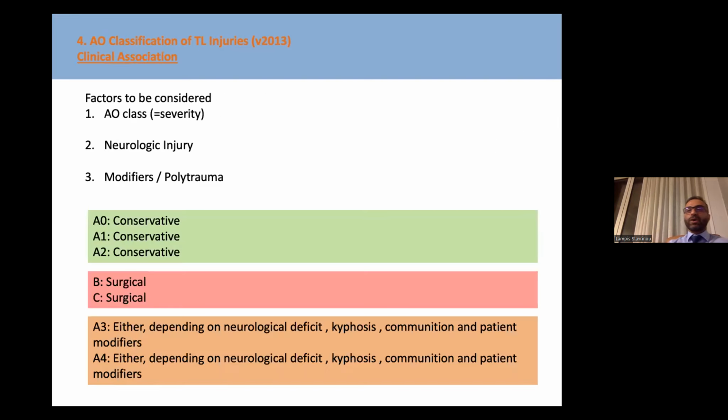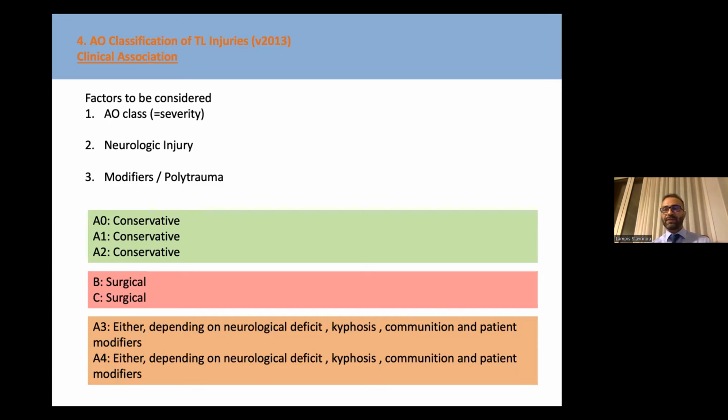All right, what is important for the AO classification is that it does infer a degree of severity without describing it as such, but also extrapolates clinical, I will not say recommendations, but I will say pathfinders, with A0 to A2 fractures usually being treated conservatively, and type B and type C fractures almost invariably being treated surgically.